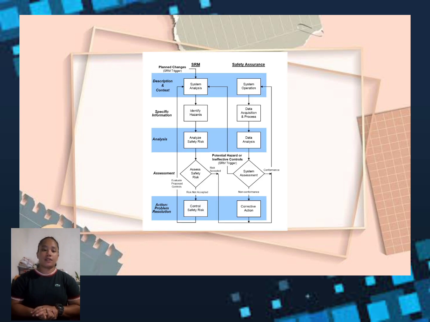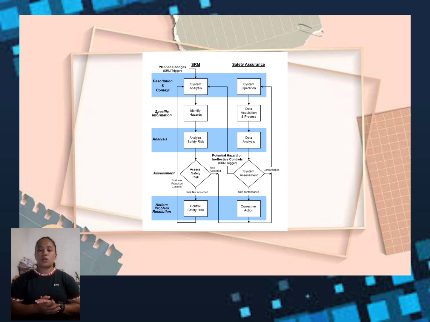As you can see, this is a chart showing two vertical flow charts next to one another. On the left side is a diagram displaying 5 steps of SRM, which are the system analysis, identify hazards, analyze safety risks, assess safety risks, and control safety risks.